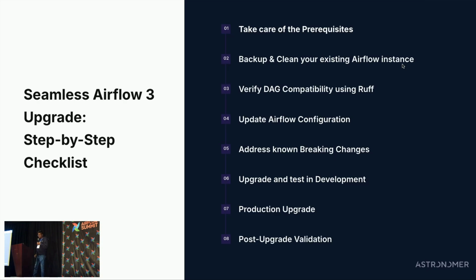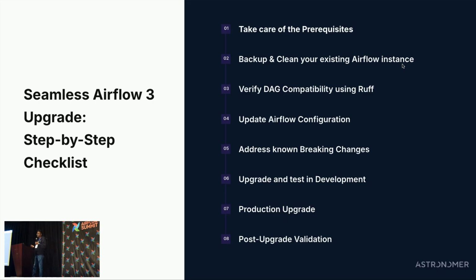So just to give a high level overview, these are all the steps that would be involved in getting started with the upgrade process and deploying it in production for Airflow 3. So first, you want to make sure you have the right Airflow and Python version, and your code is compatible with Airflow 3.